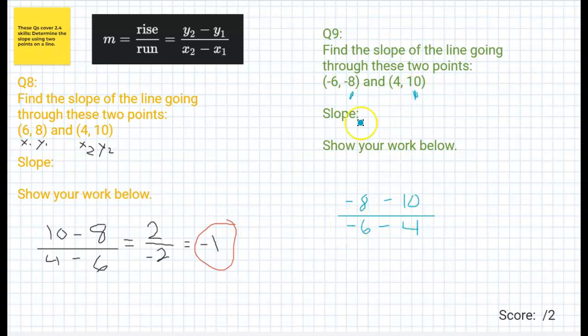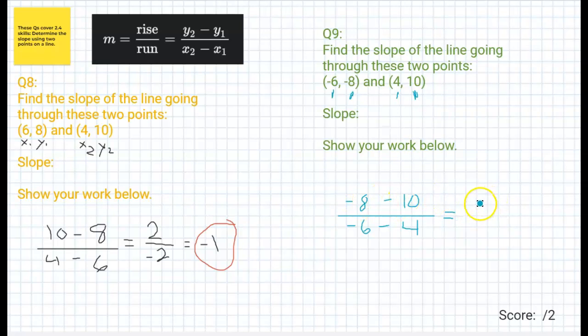And then I like to make sure that I started with the same point, so the -8 and the -6 are lined up, yes. And the 4 and the 10 are lined up, yes. So let's just verify. I have my x value minus my other x value. Yeah, I just like to check and make sure before I do the math.